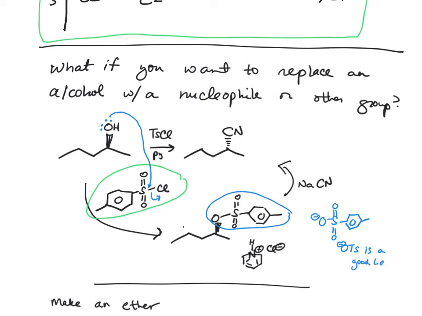Then we can treat this tosylate with sodium cyanide. The sodium cyanide comes in and attacks our alcohol. Let me do that with a different color to help avoid confusion. And let's put a plus on the sodium and a minus on the carbon.